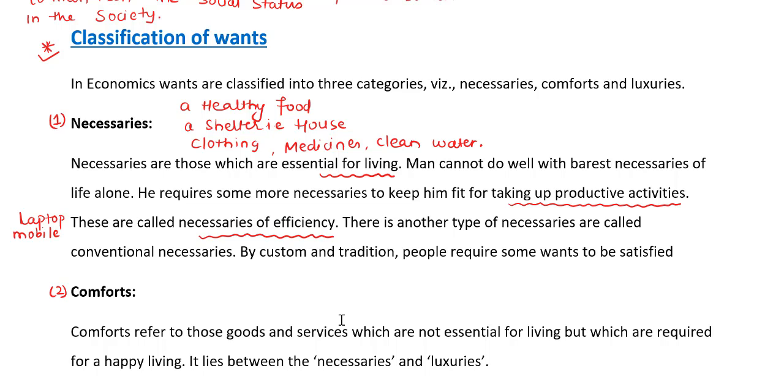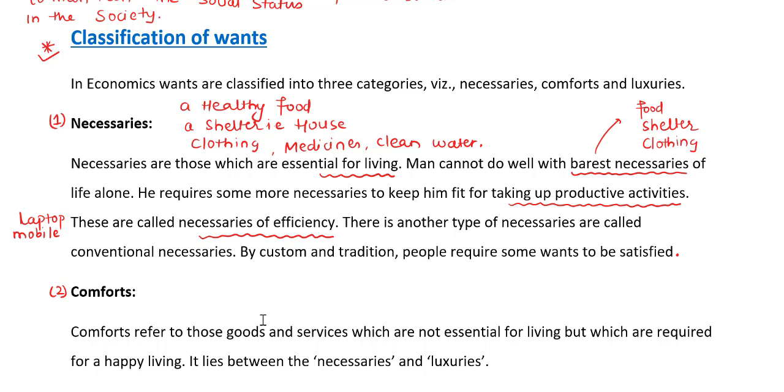By customs and traditions, people require some wants to be satisfied. The barest necessaries mean food, shelter, and clothing. These days only food, shelter and clothing will not serve the purpose. We need clean air, clean water, medicines, a better lifestyle. And for that you need some comforts as well.